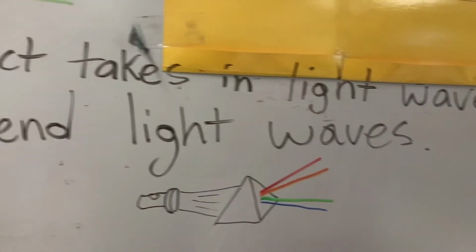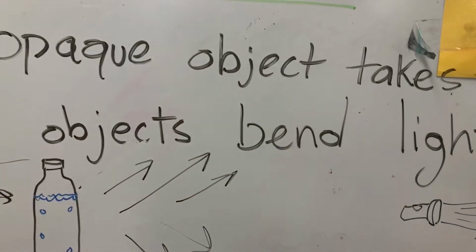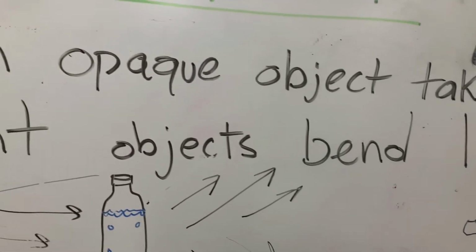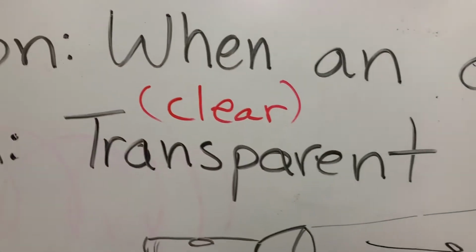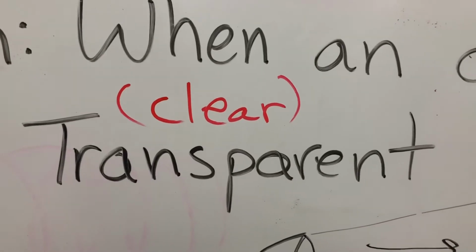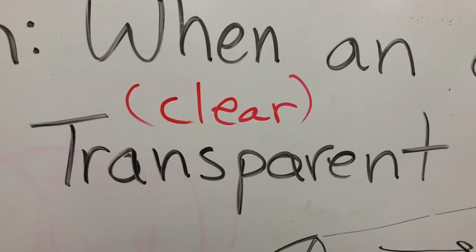You remember that? Well, that is exactly what refraction is, okay? So light waves bend when it goes through a clear or transparent, same thing, transparent object. So the light waves bend when they go from one medium to another.